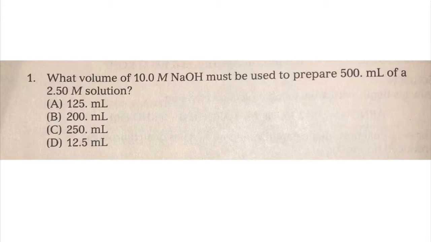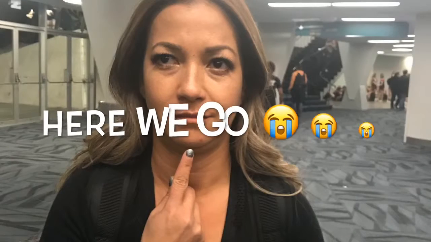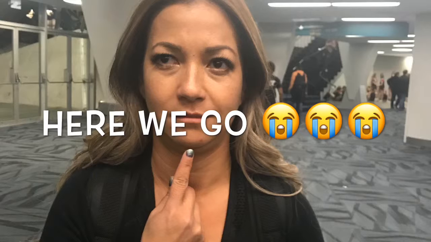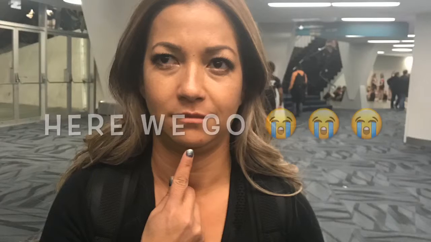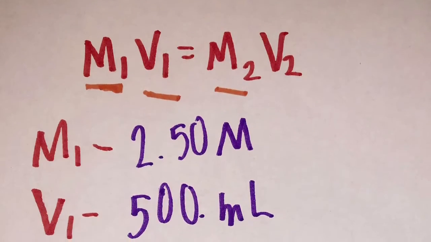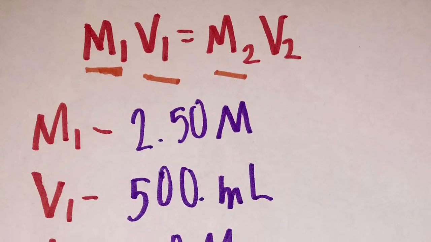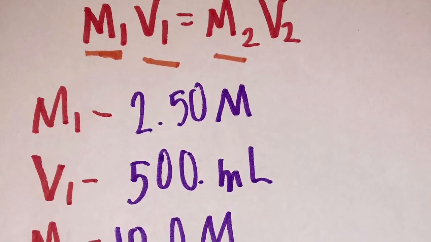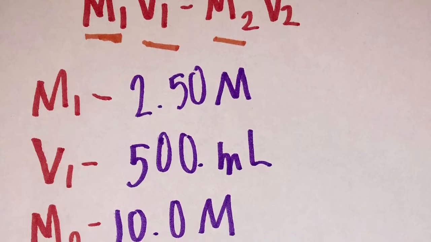What volume of 10 M sodium hydroxide must be used to prepare 500 milliliters of 2.50 M solution? The formula we are going to use for this problem is M1V1 equals M2V2.